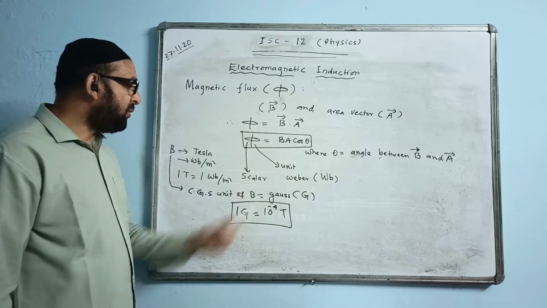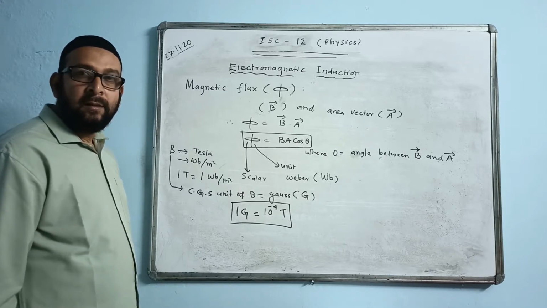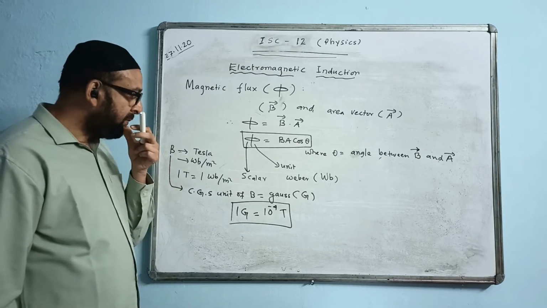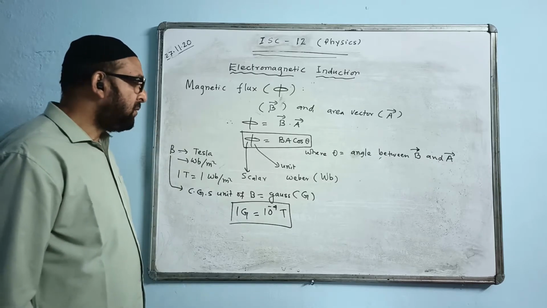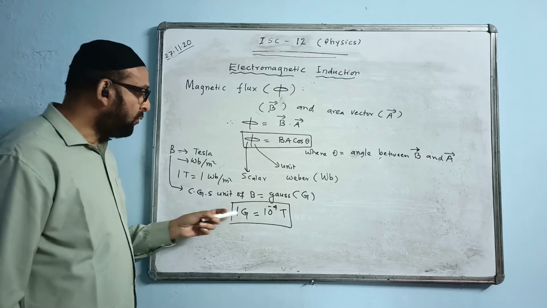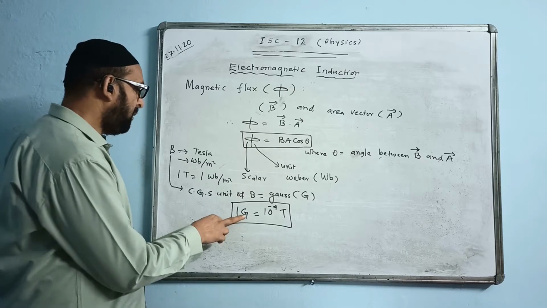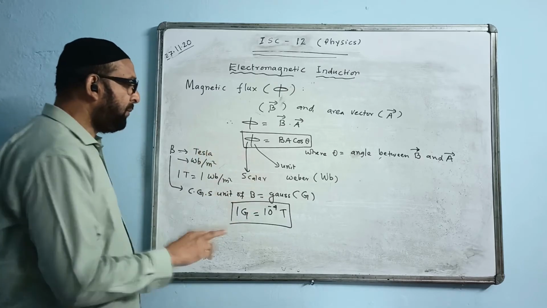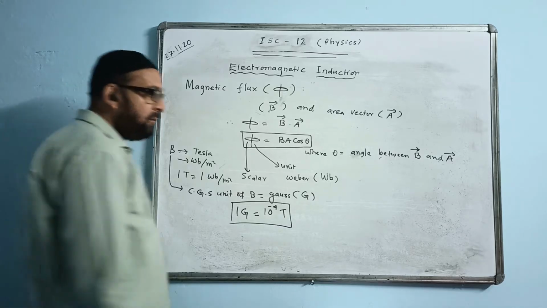So 1 Gauss is equal to 10 to the power of minus 4 Tesla. This is the relationship between Gauss and Tesla. Just to know that 1 Gauss will be equal to 10 to the minus 4 Tesla and 1 Gauss is the CGS unit of B, the magnetic field.